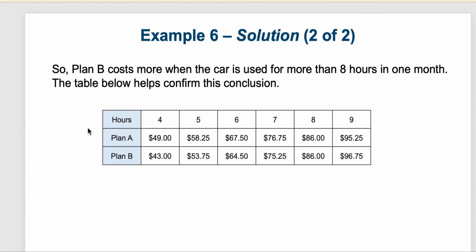This is what the table would look like. For 4 hours, this is what Plan A costs, and this is what Plan B costs. For 5 hours, this is the cost. For 6 hours, for 7 hours, and this is for 8 hours.